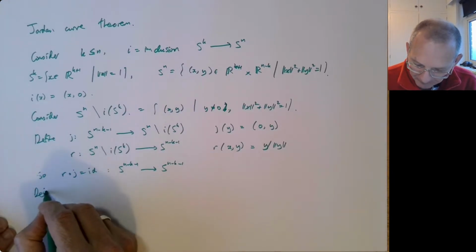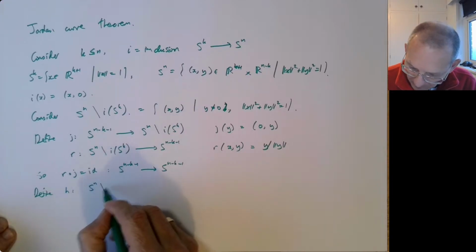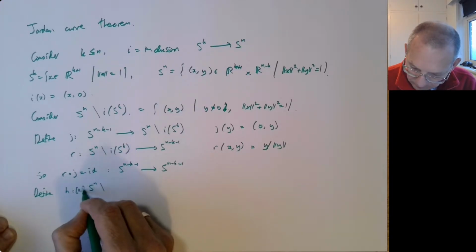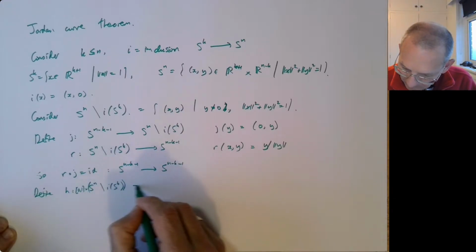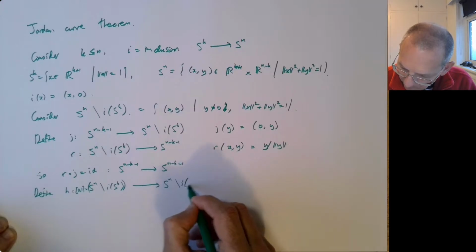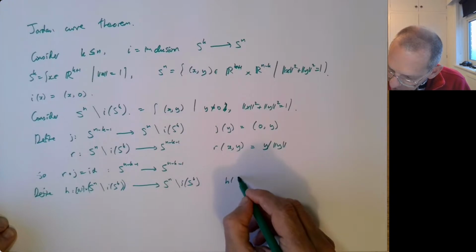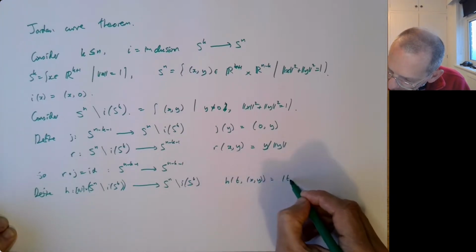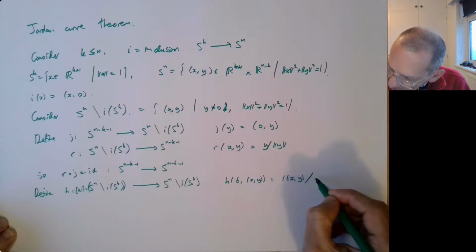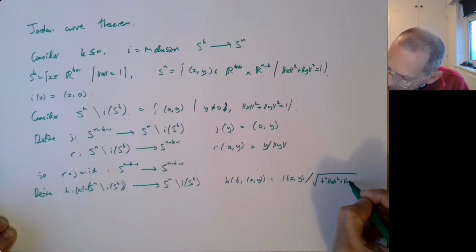We can define a homotopy h from this space to itself by h(t, x, y) equals (tx, y) divided by the square root of t squared norm x squared plus norm y squared.